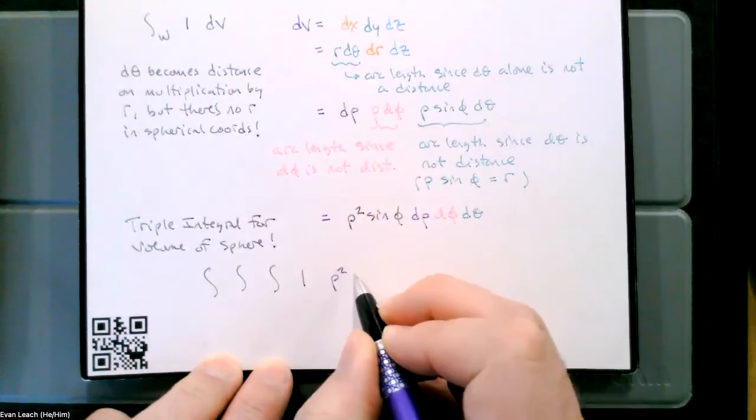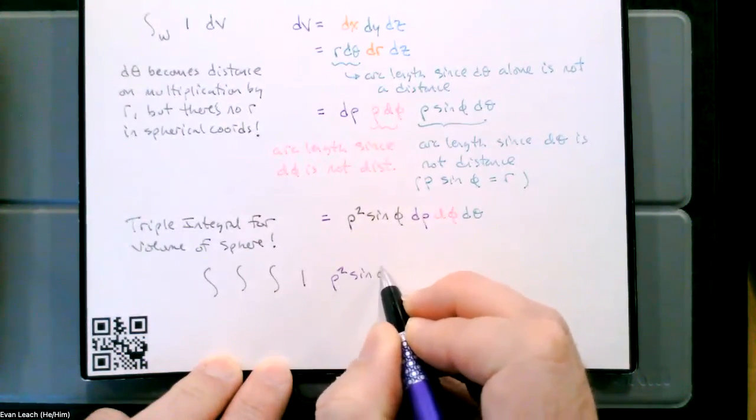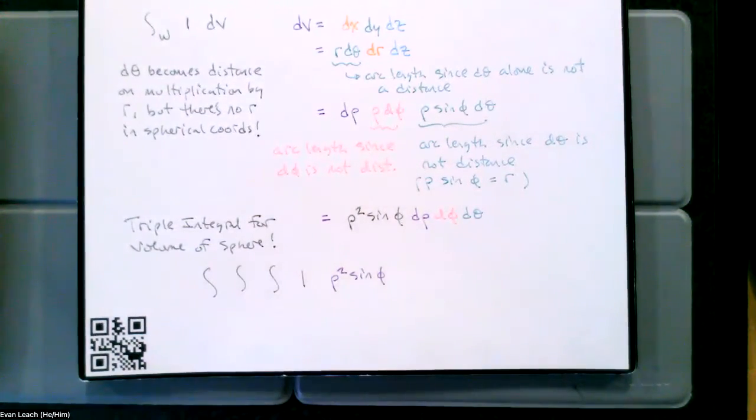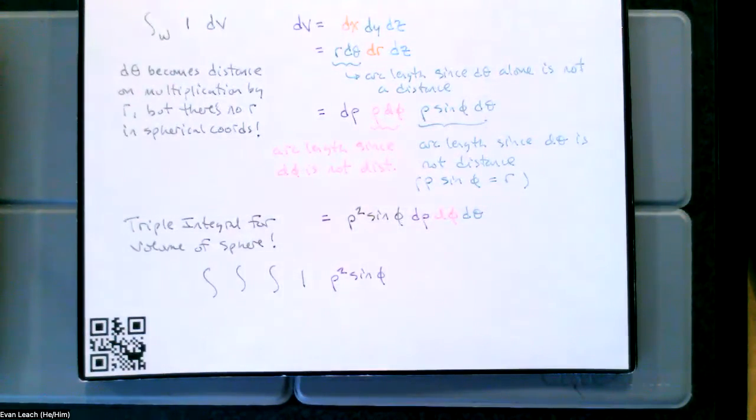Even though when we go to integrate it, that's part of the integral. In the setup, it's part of the dV. That's how we're thinking about it. But when we go into the mechanics, it's going to be part that we have to integrate.